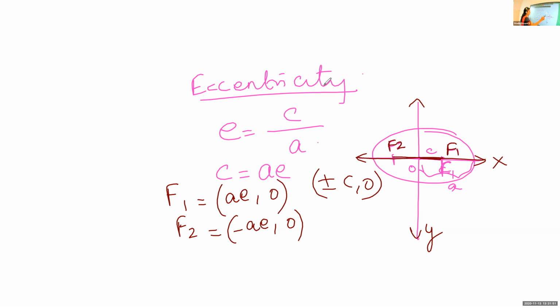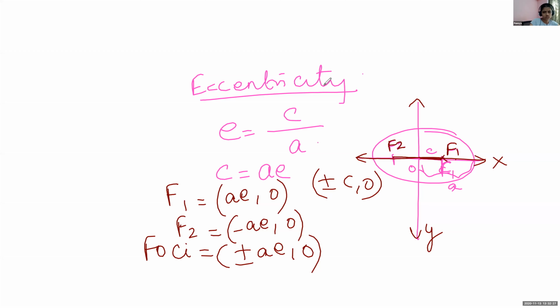F1 is positive C, 0 and the other one is negative C, 0. But C is equal to AE, so plus AE, 0 and minus AE, 0. So in general, foci is given by plus or minus AE, 0. Up to this, is it clear, children?